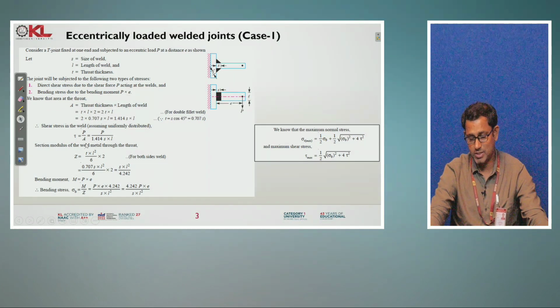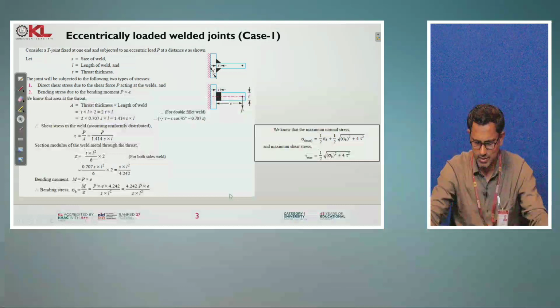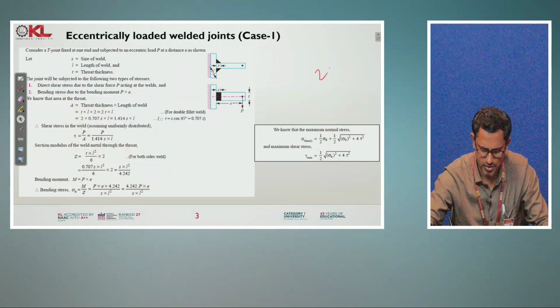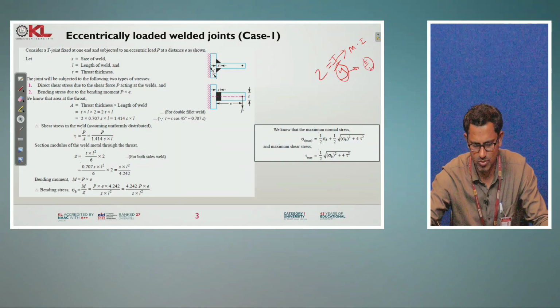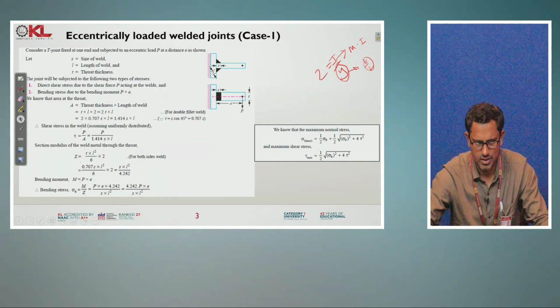Now coming to the section modulus we have to calculate, because we know that the bending stress developed inside the welded joint is given by sigma b is equal to M by Z. Z is nothing but I by Y. Here I is the moment of inertia, and Y is the throat thickness by 2.